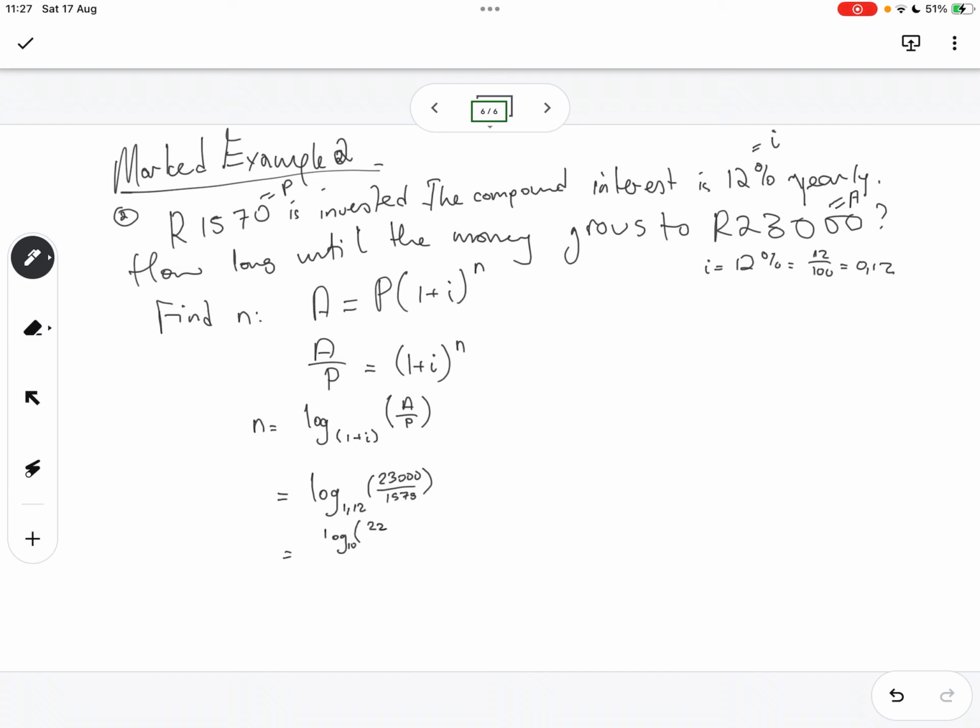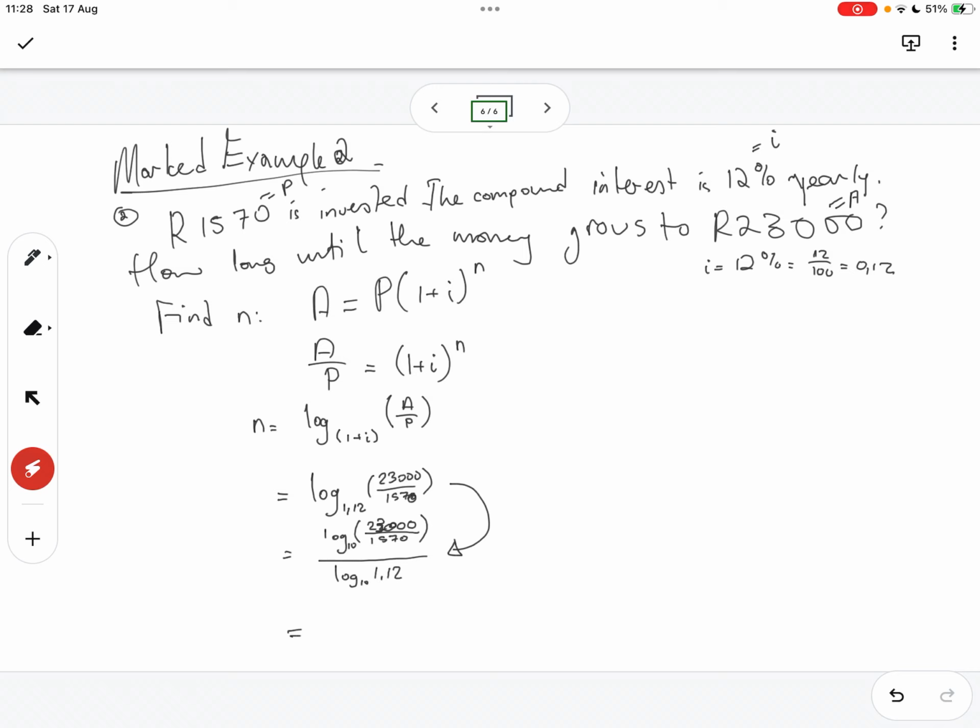And this equals log of 23,000 over 1,570, to base 10 of 1.12. I'm just going to put in the base 10 so that you and I always remember that our calculator uses base 10. But we don't need to do that if we are going to shift from this notation to that notation.